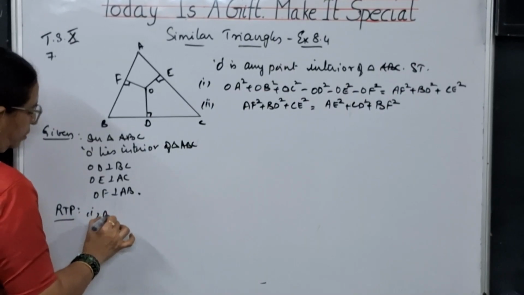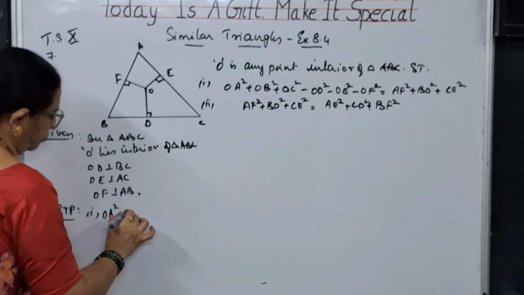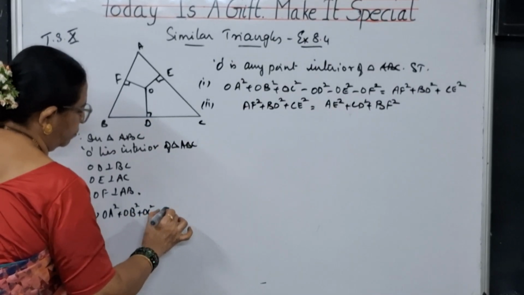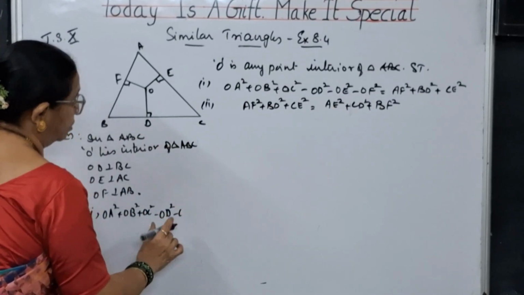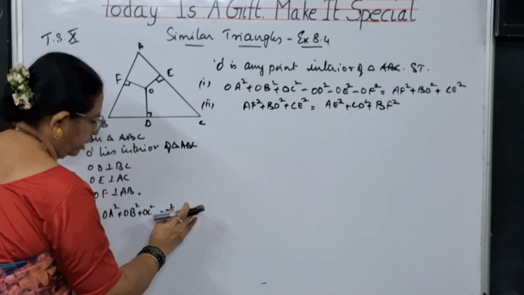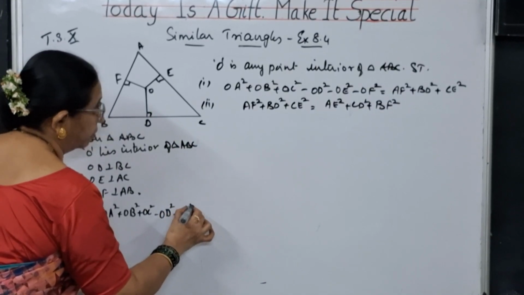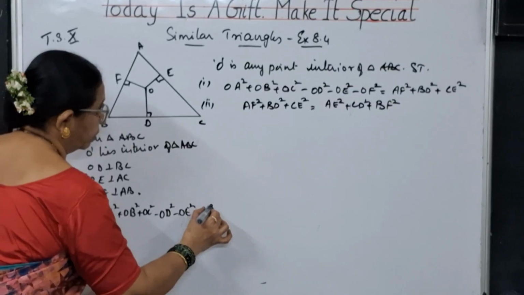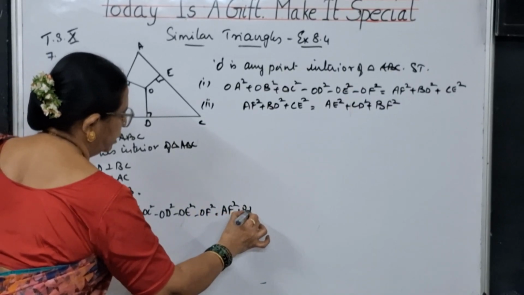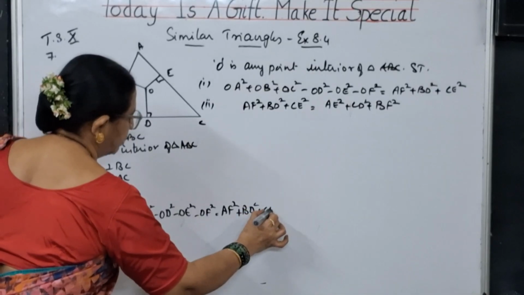First bit, OA square plus OB square plus OC square minus OD square minus OE square minus OF square is equal to AF square plus BD square plus CE square.